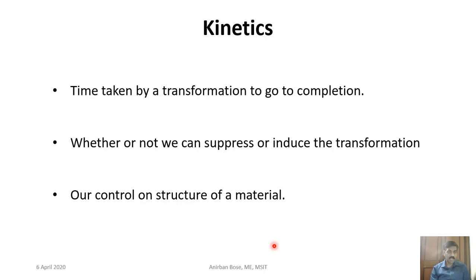Or in the eutectic reaction, liquid will be transformed into ledeburite at the eutectic temperature and composition, but we have not seen how much time it will take to transform into ledeburite.